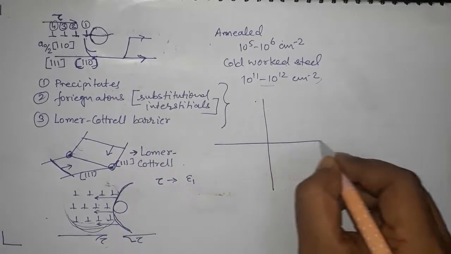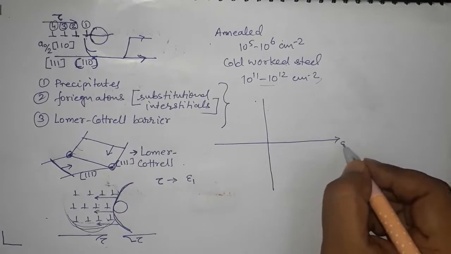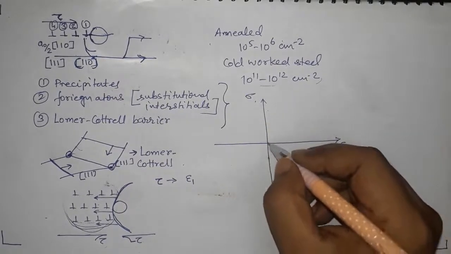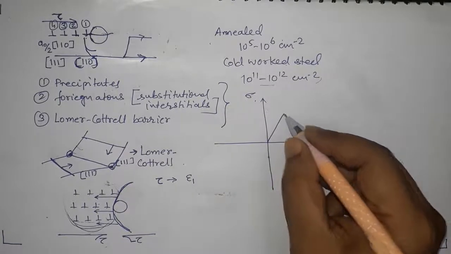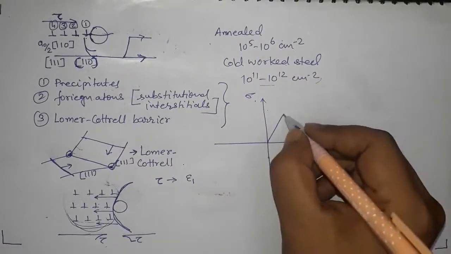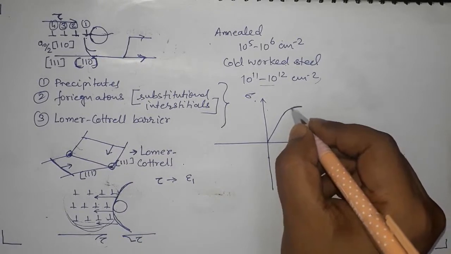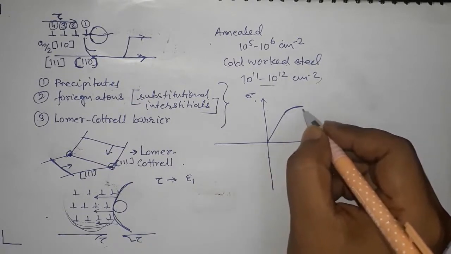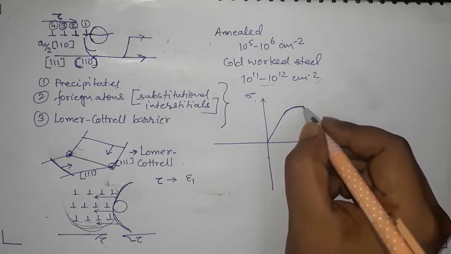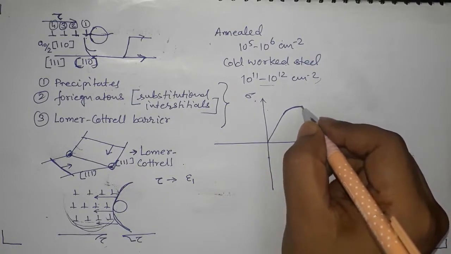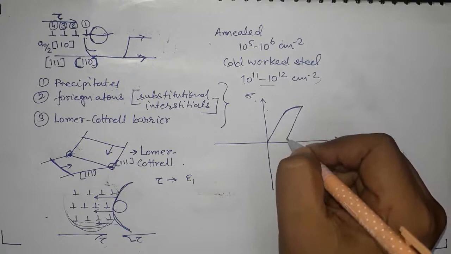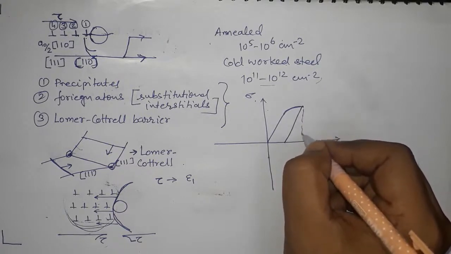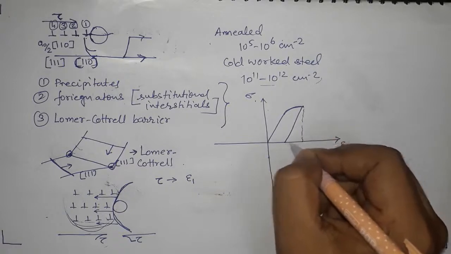Okay, so what will happen if I'm deforming? This is my strain axis and this is my stress axis, and I elastically deform, following Hooke's law, then I have yielding and strain hardening. The dislocations are getting piled up, I'm breaking through to a certain extent, then I stop. Now I unload it, so there will be this much elastic recovery.